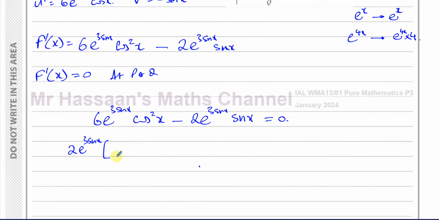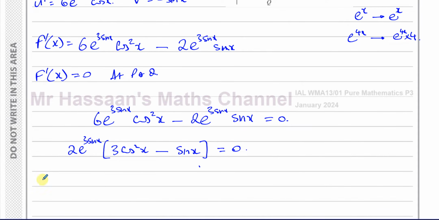And then inside the bracket, 3 cosine squared x minus sine x equals 0. So this gives you 6 e to the power of 3 sine x cosine squared x and minus 2 e to the power of 3 sine x times sine x. This is the factorized form.